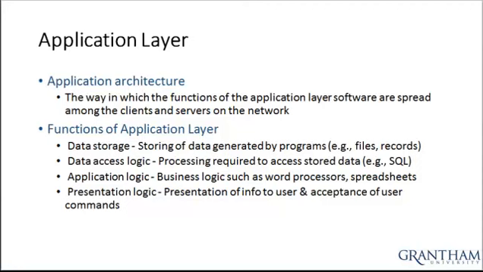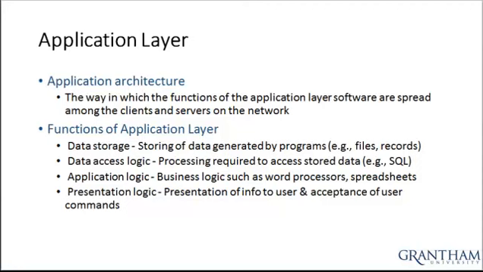The application architecture is the way in which the functions of the application layer software are spread among the clients and servers on the network. Think back to last week when we were talking about the different networks that we have.